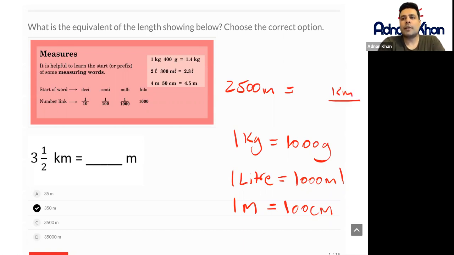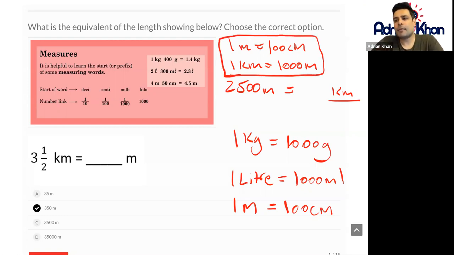Now we know that in 1 meter, there are in total 100 centimeters, and in 1 kilometer there are 1,000 meters. Okay, so to convert 2,500 meters into kilometers, we will divide by 1,000.